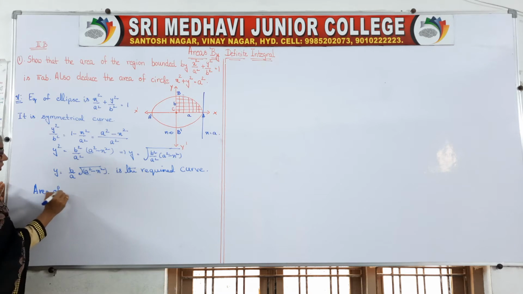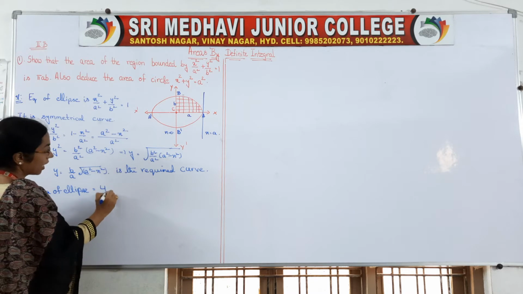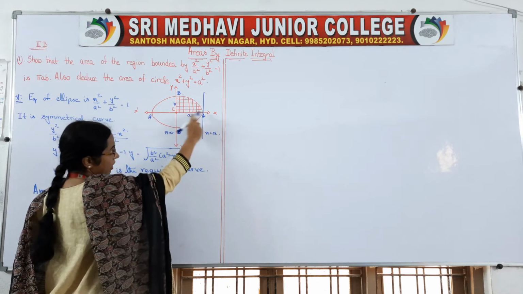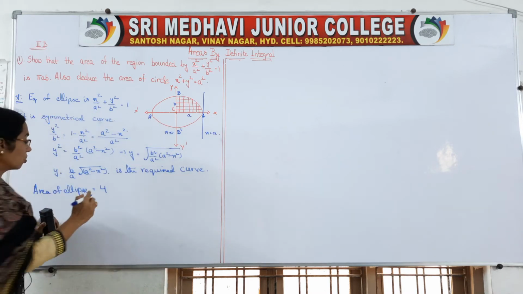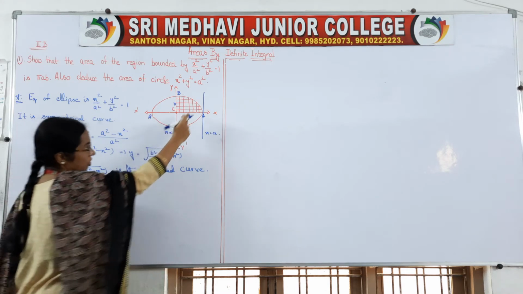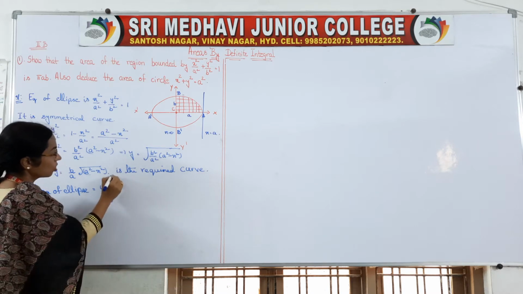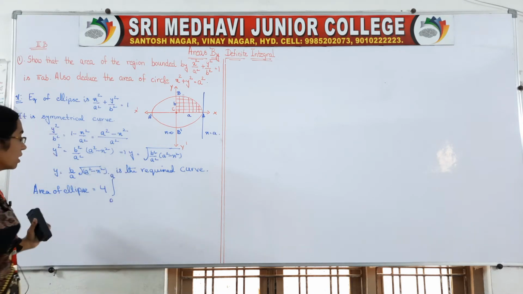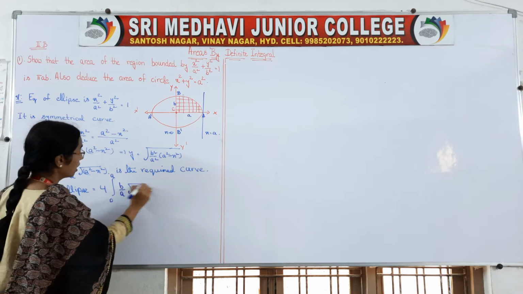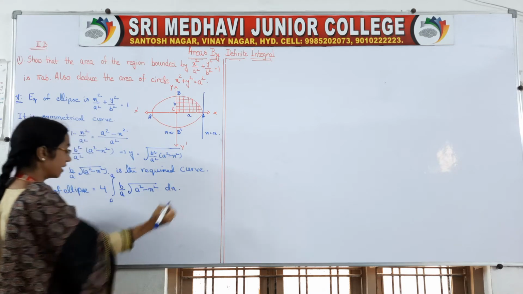The area of the ellipse we have to find is equal to 4 times this curve from here to here. Okay, so it is the integral from x is equal to 0 to x is equal to a. So you take 0 to a, then it is b by a, the curve equation, root of a square minus x square dx.